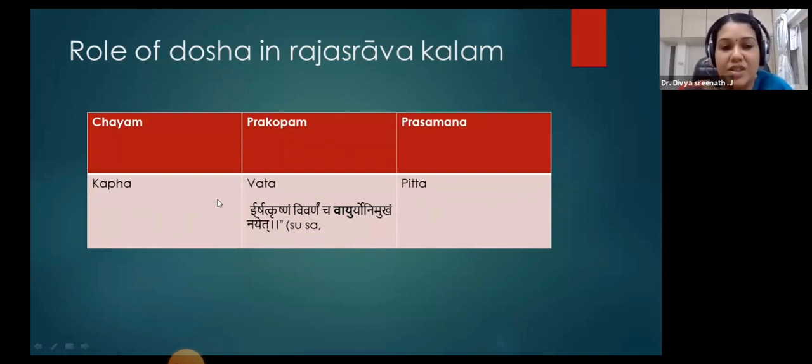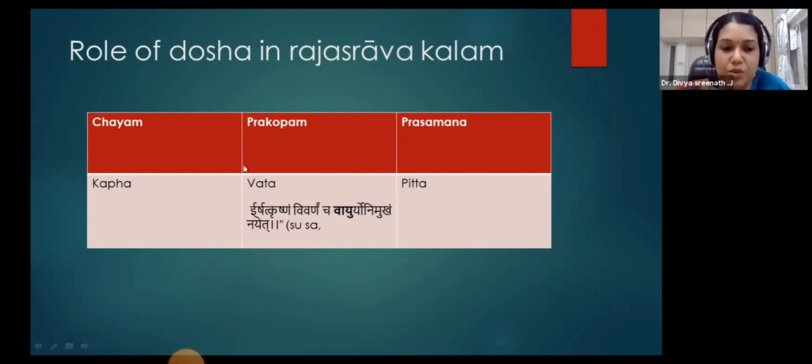During this Rajasrava Kala, Vata is the predominant dosha that we discussed. At this time there will be Vata prakopa. So certain diets and regimens are advised in our classics in order to prevent further Vata prakopa, which may lead to Artava Dushti.